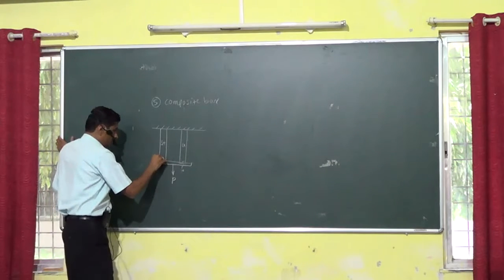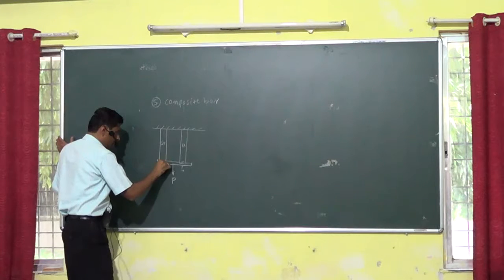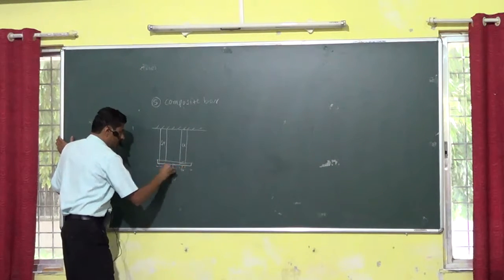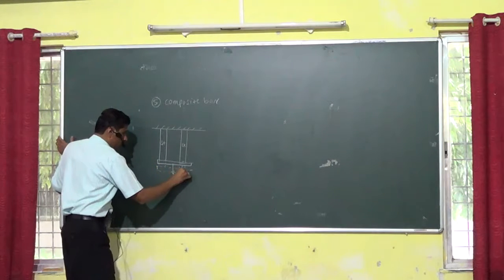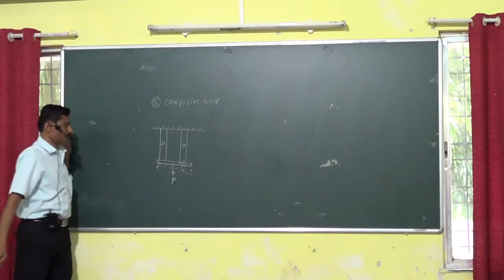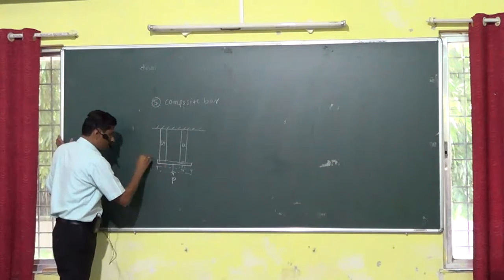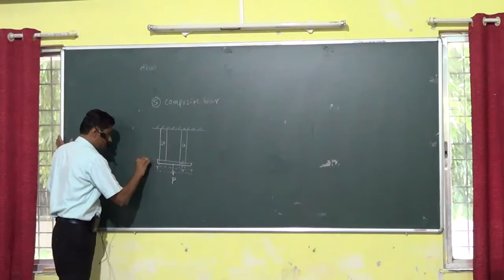Suppose elongation of the material happens. Whatever new changes in the steel and copper bar are going to happen due to this elongation, we regard that as DL1.